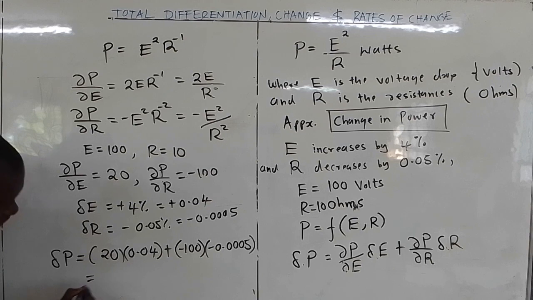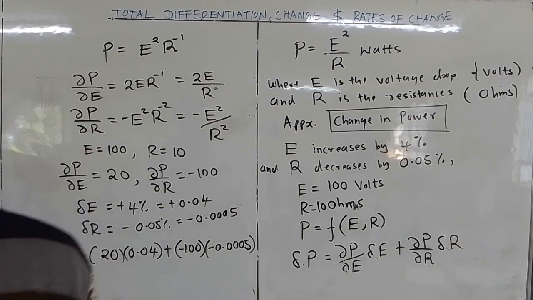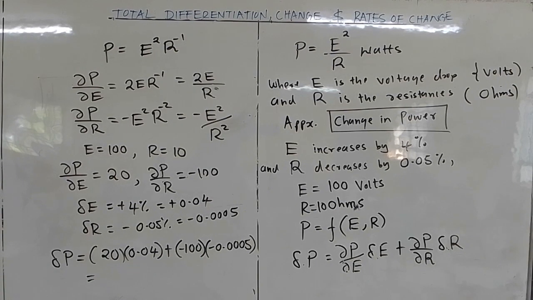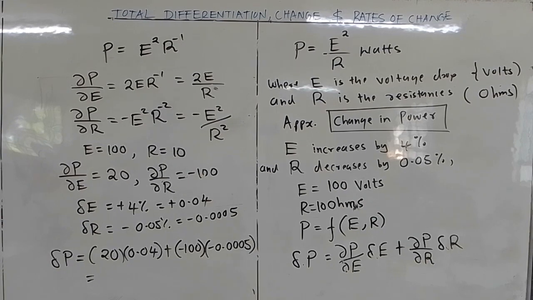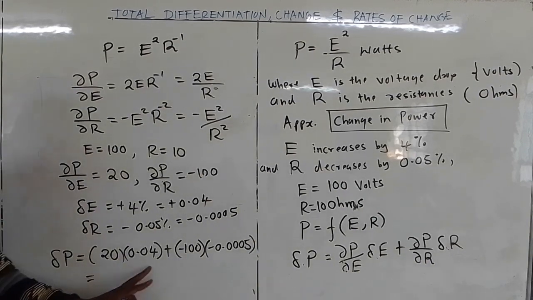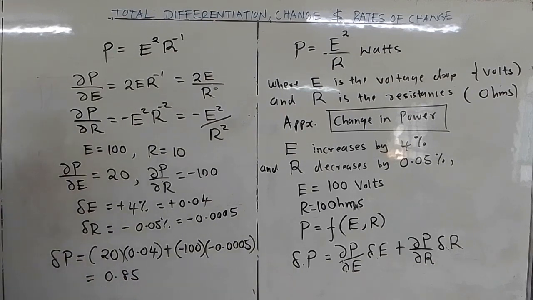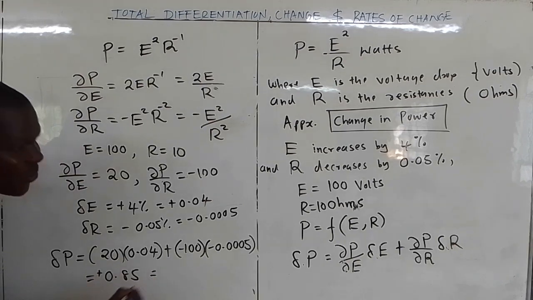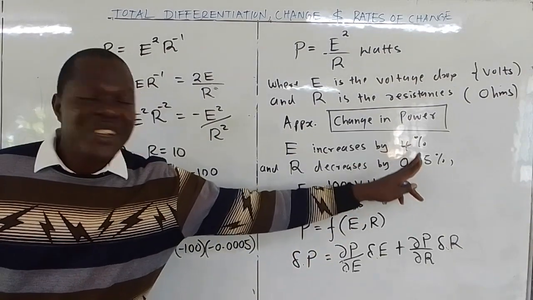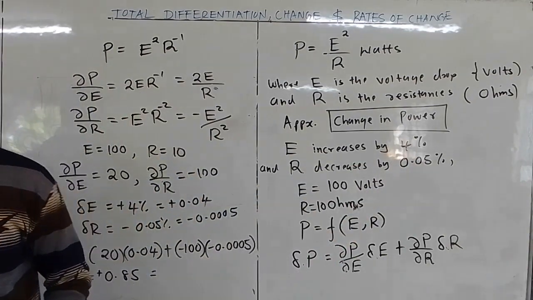If you perform this operation in the calculator, what do you have? 0.85, isn't it? So you see, first thing you can see, it is positive. Then the next thing you do, the equation has expressed these things in terms of percentage, meaning you must also express it in terms of percentage.